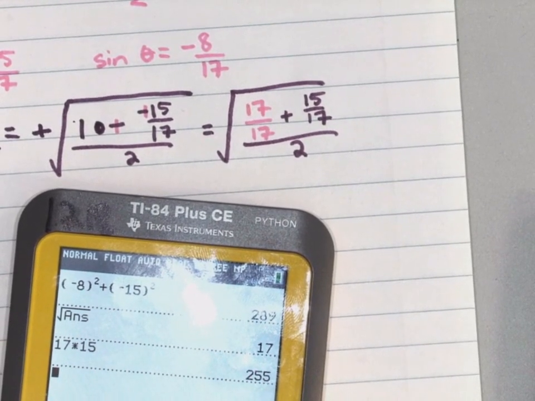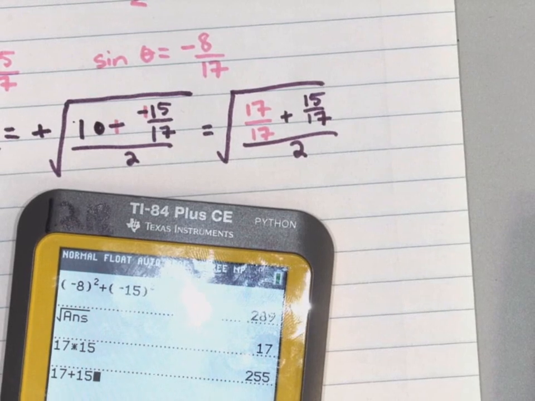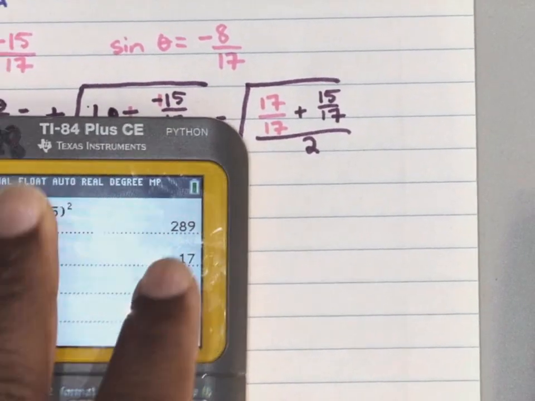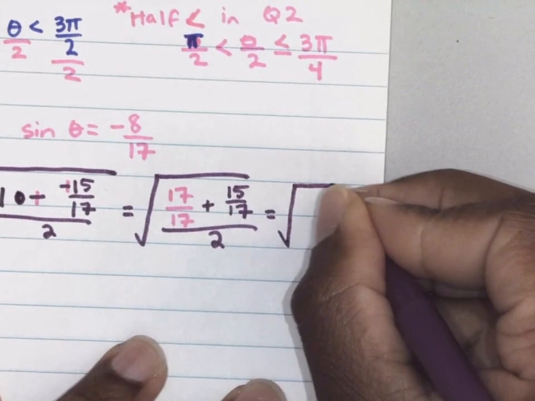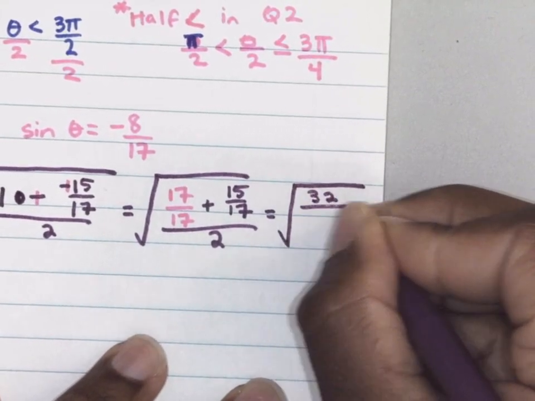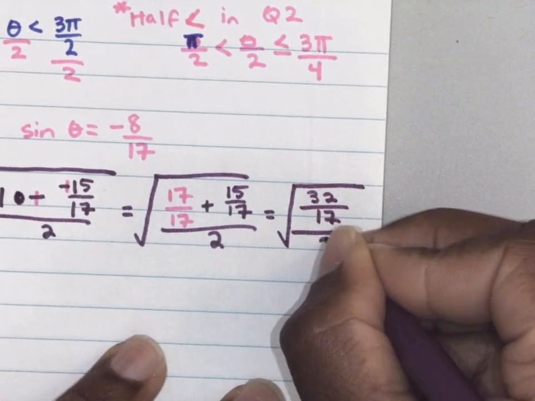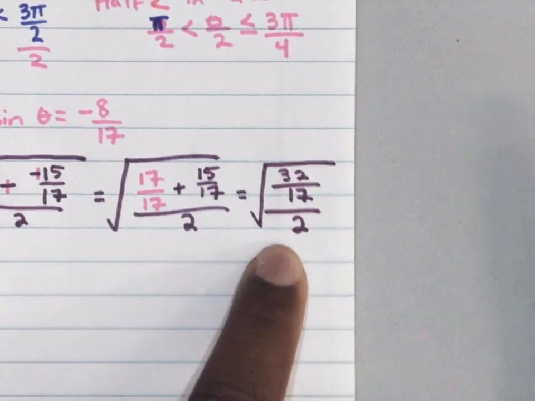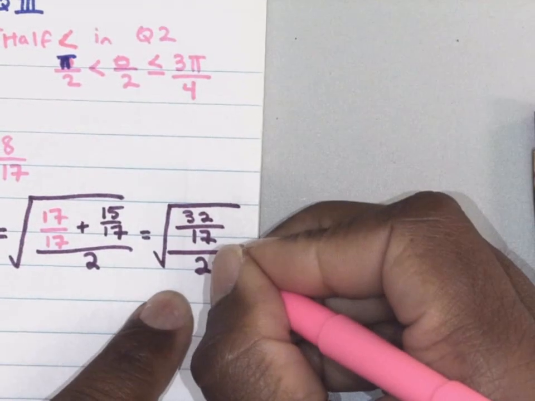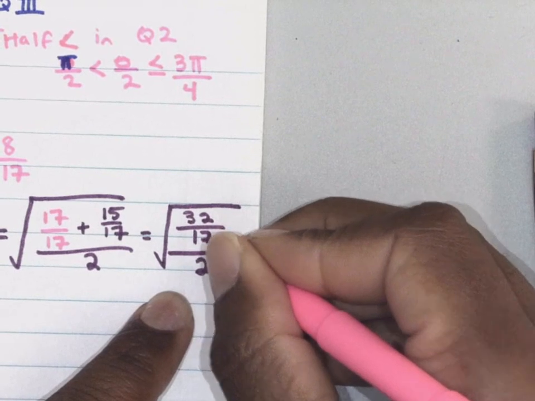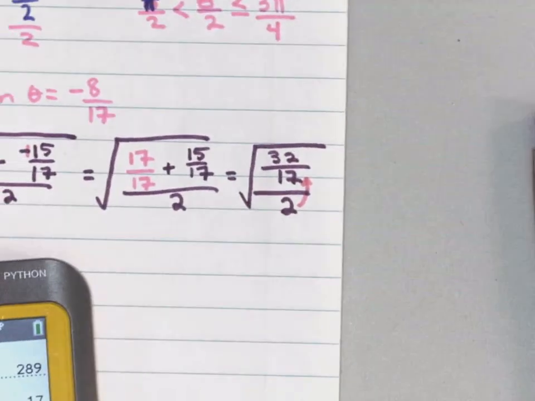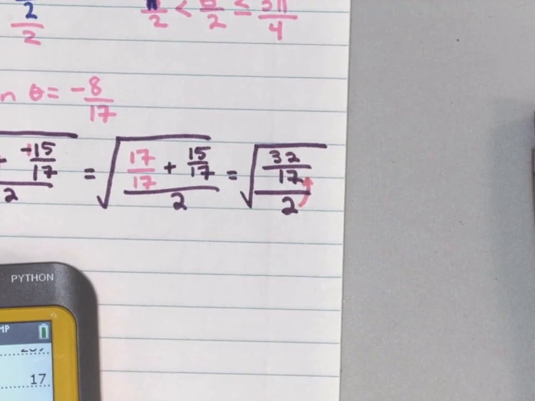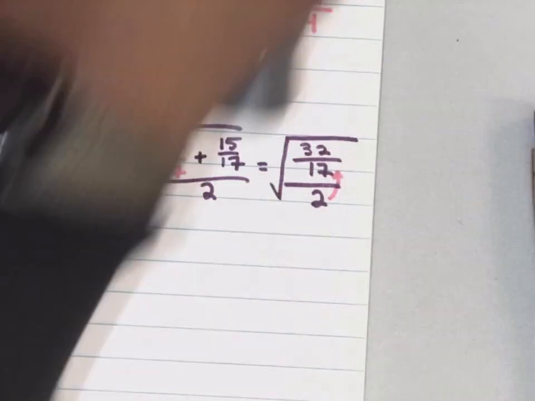No. 32. 32 over 17 over 2. And remember, since this isn't a fraction, we don't have to keep change flip. We can just multiply the denominators together. So it'll be 32 over 17 times 2, which is 34.